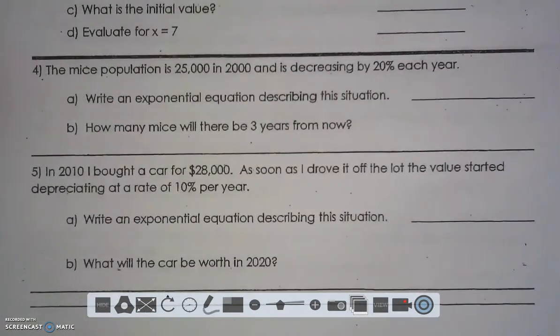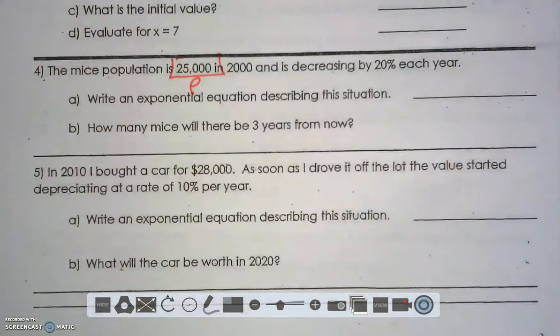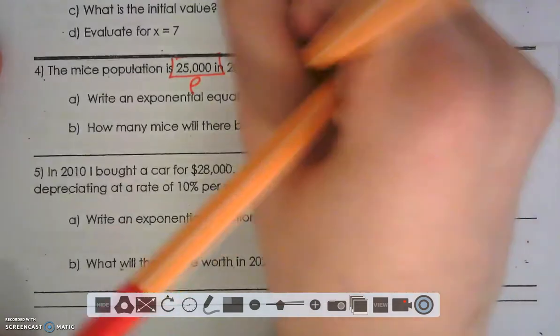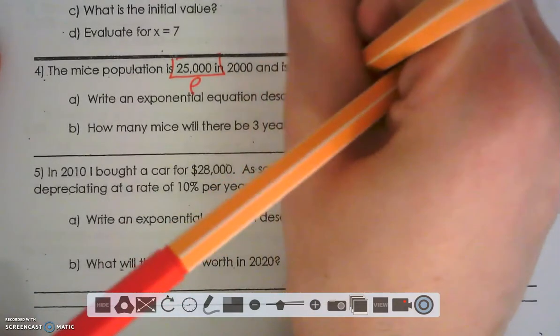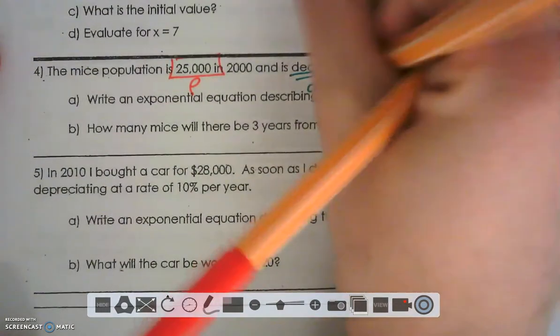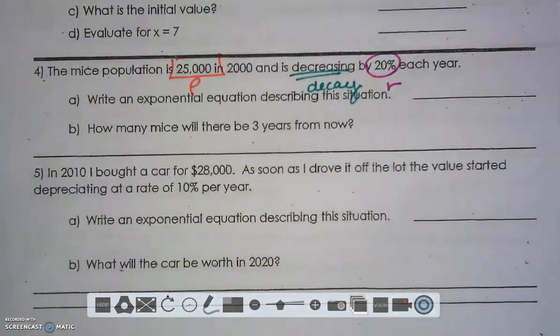So let's move down into some more word problems. A mice population of 25,000, so here's my principal, in the year 2000 is decreasing. That word decreasing tells me that I should be using my decay. And then my rate is 20%. So we're going to write a model.